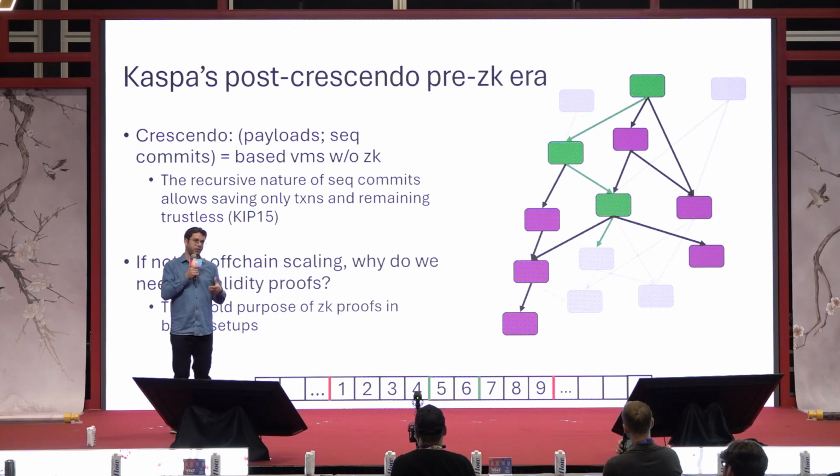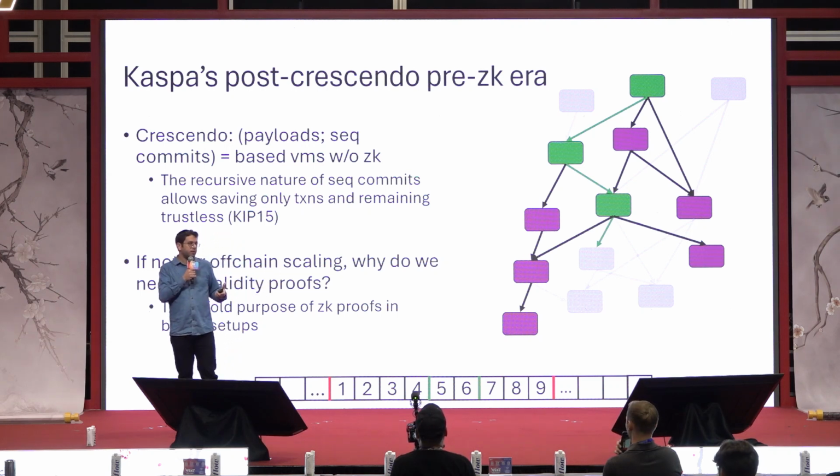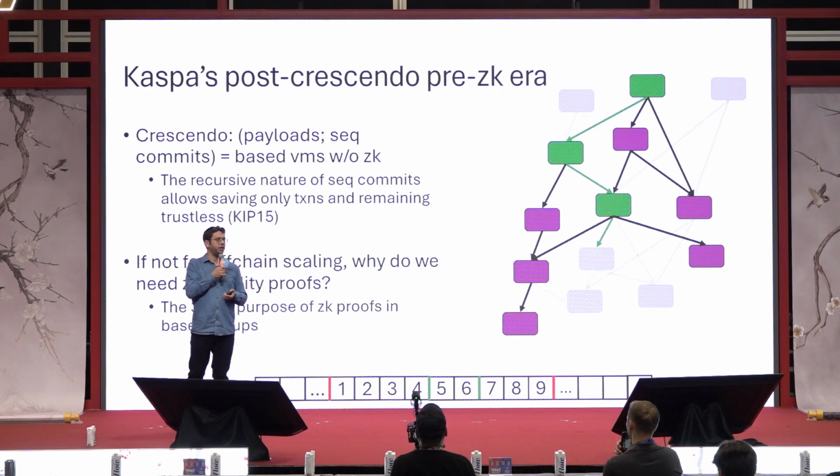But if you are based, so you're taking sequencing and data availability from L1, what exactly does zero knowledge give you? The L2 is interpreting the state of the payload data going on L1, so anyone can execute it. It's kind of maybe a colored coin in the Bitcoin jargon. So what do you need zero knowledge for?